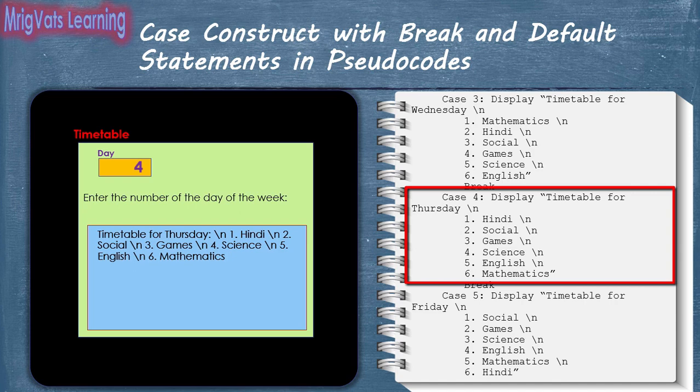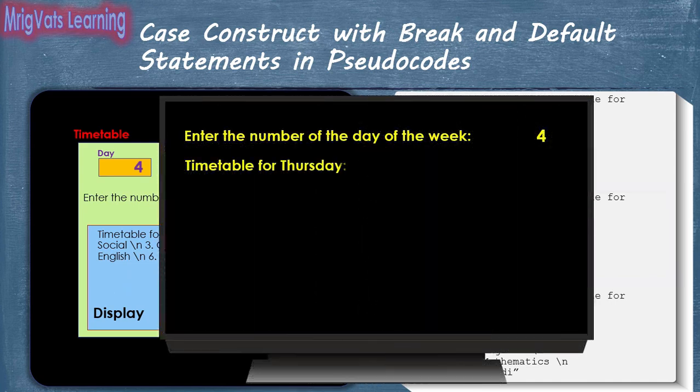Social \n 3. Games \n 4. Science \n 5. English \n 6. Mathematics" in the memory allocated for the case construct. The display statement takes the text as an input and displays it on the virtual display board. Notice that as a result of the new line or \n character, each subject is displayed on a separate line.